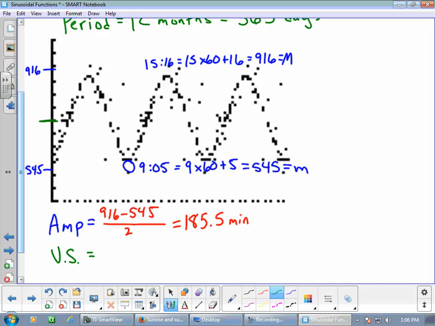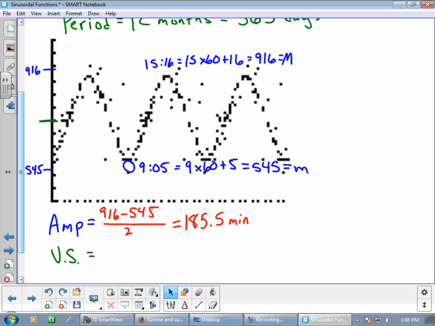It's going to have to be a number between 545 and 916, right? 371 is not going to be in there, right? 371 is just this distance. It doesn't mean that it's the distance from 0.